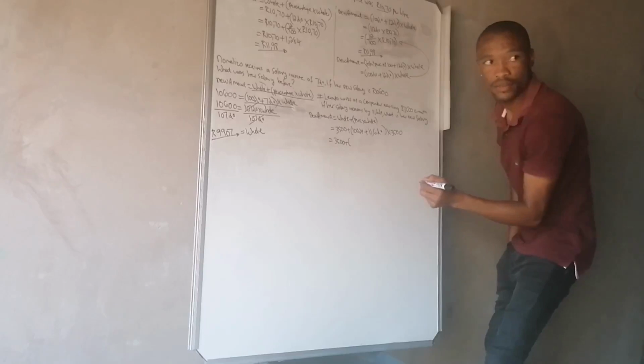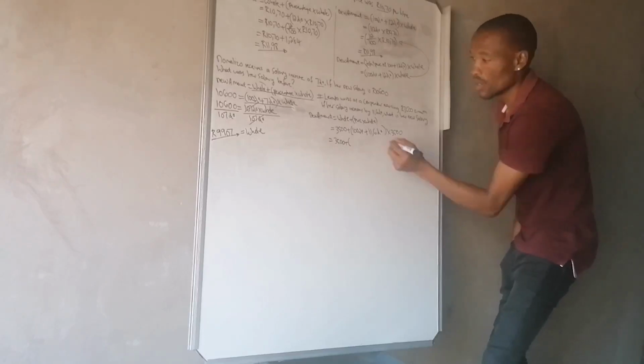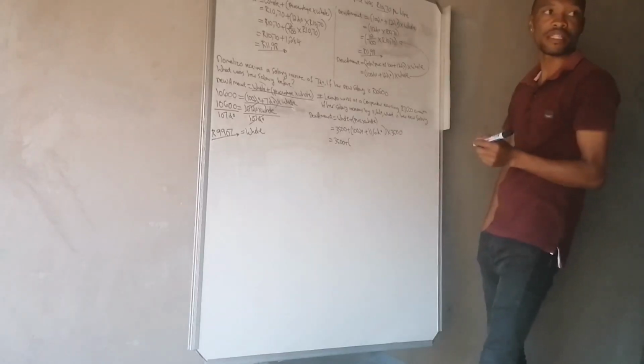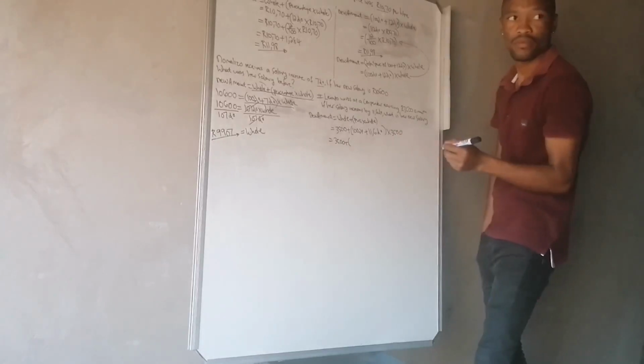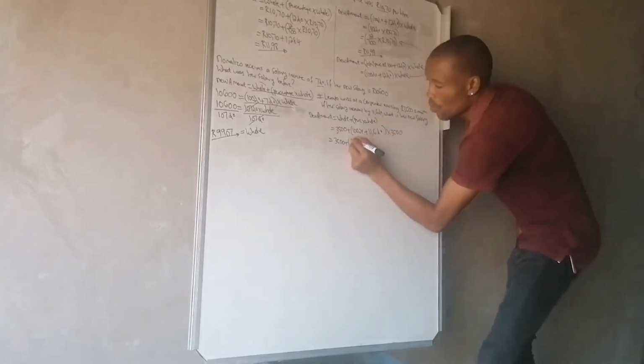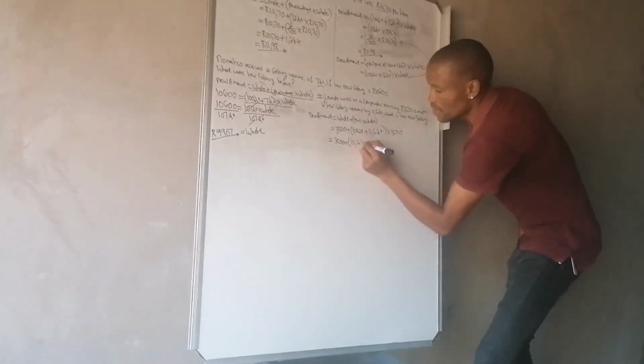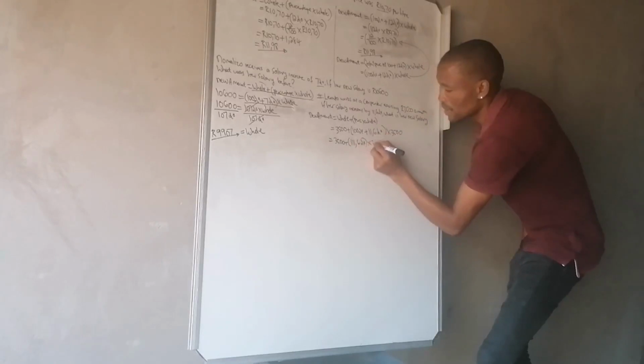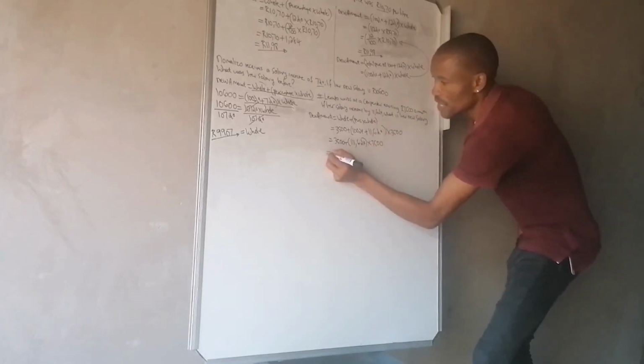What is 100% plus 11.6? 111.6%. Then we multiply it by 3.5. What is it?